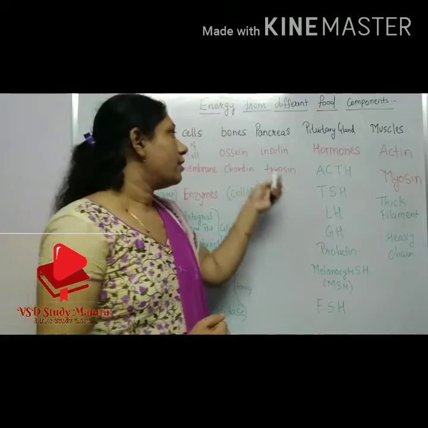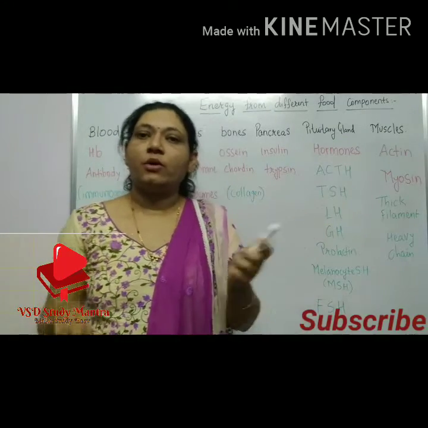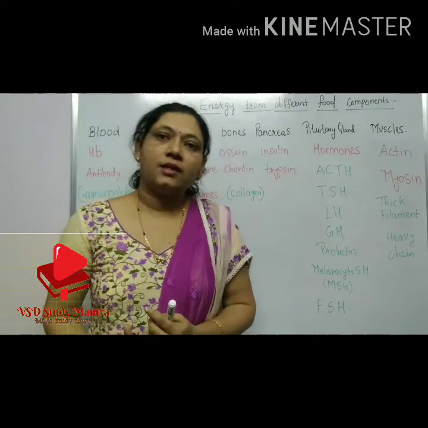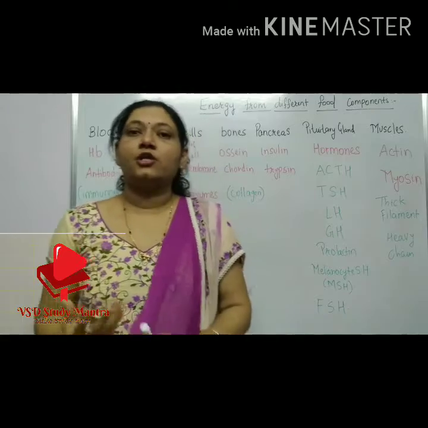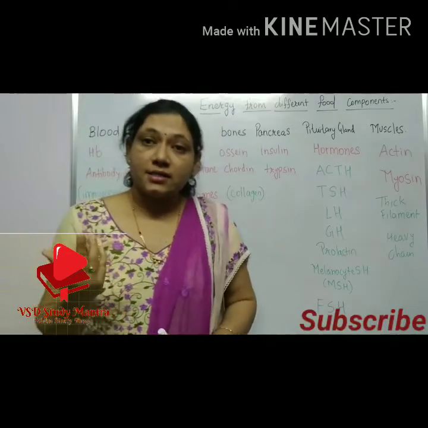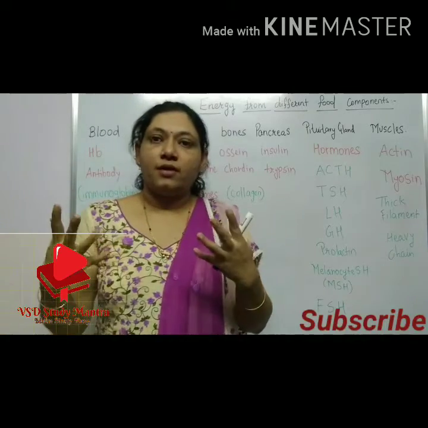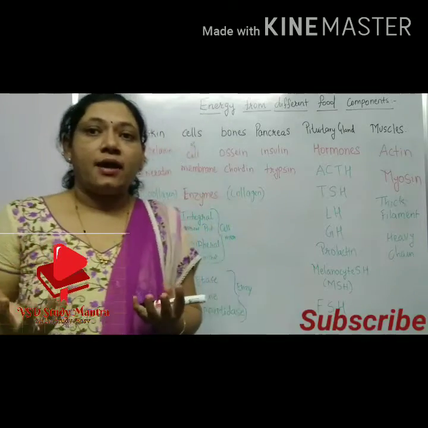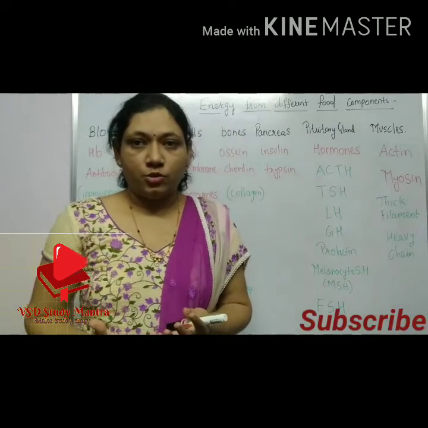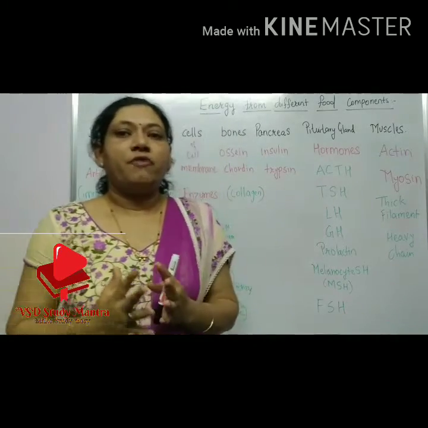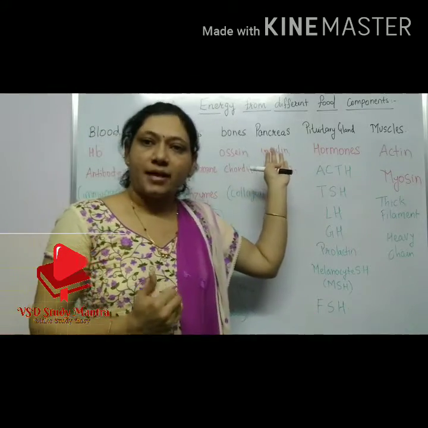If there is no insulin, what happens? No insulin protein is produced in the pancreas. Our sugar level rises, and we suffer from diabetes also. So it is the most important protein in the pancreas.